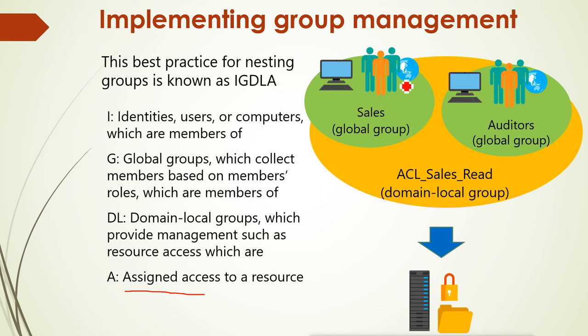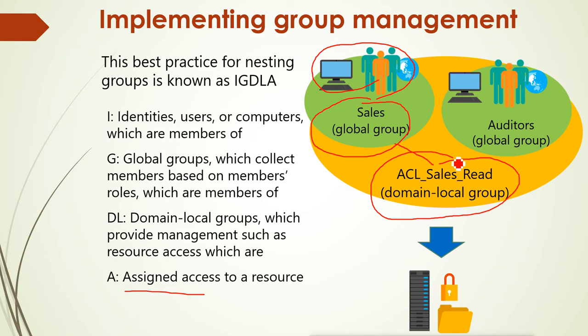First, make these identities, that means these users and computer accounts, members of the global group, then make this global group a member of this domain local group, and then use this domain local group to assign the permission on these resources.